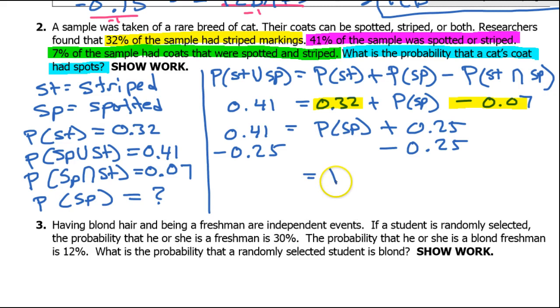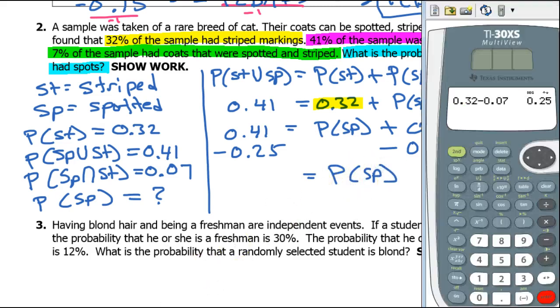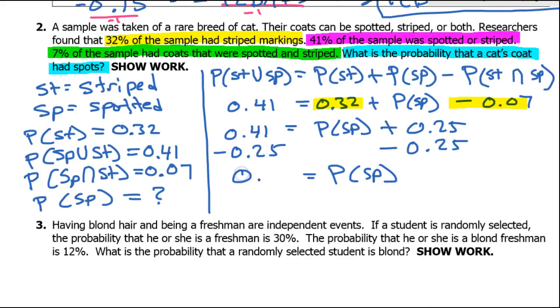And this should give me the probability of spotted, which I want. So that's 0.16. And that could also be written as 16%.